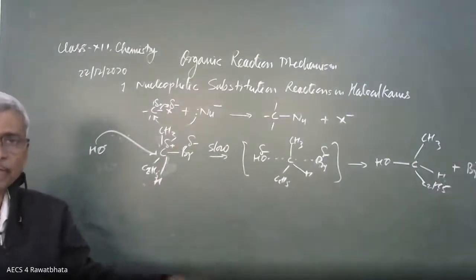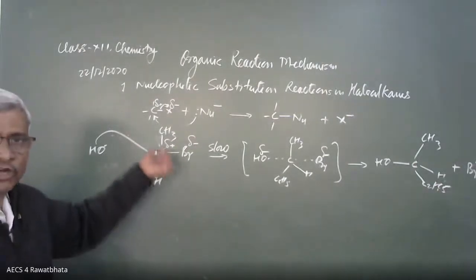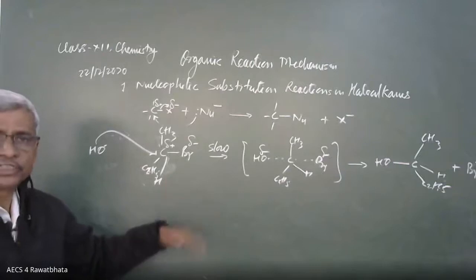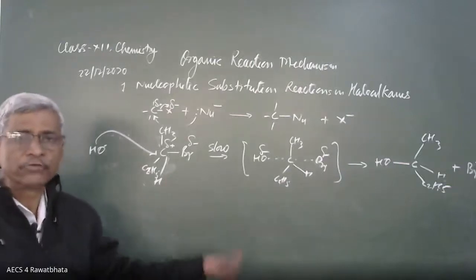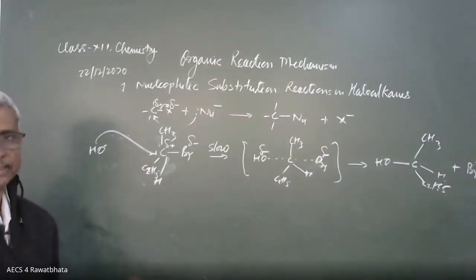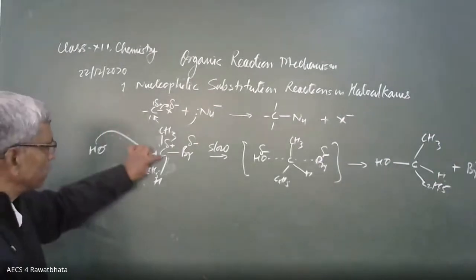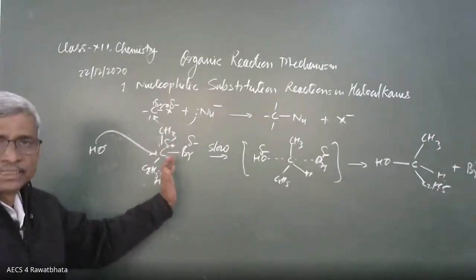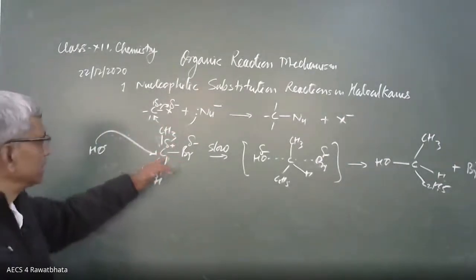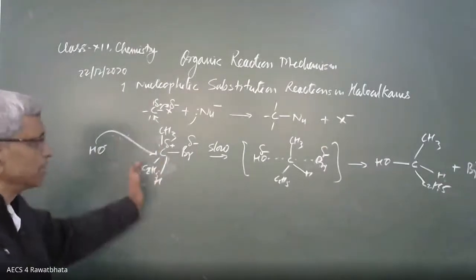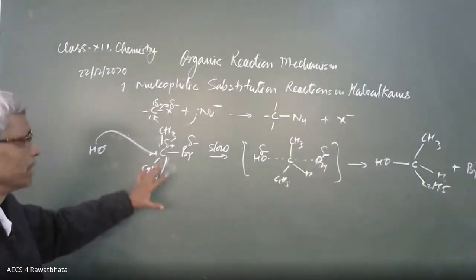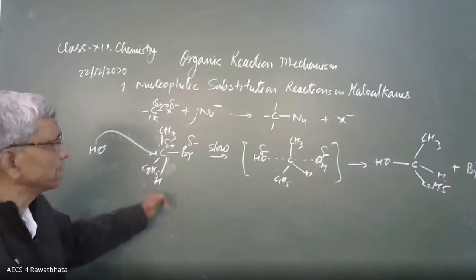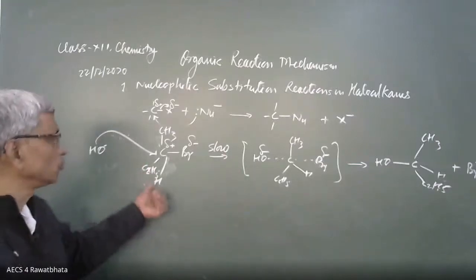It does not have a plane of symmetry. We cannot draw any plane in this molecule which can divide it into two equal, identical parts. So it is a chiral carbon. The molecule is dissymmetric, with an asymmetric center, non-superimposable, and here its rotation is going to change from dextro to levo.